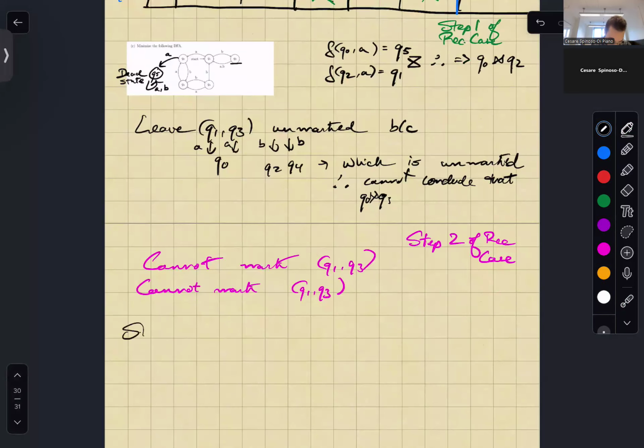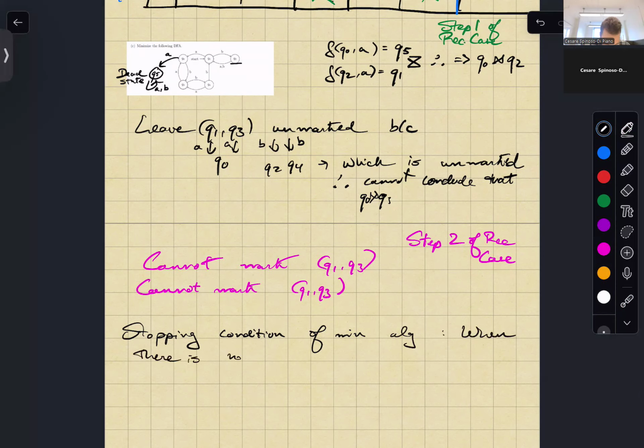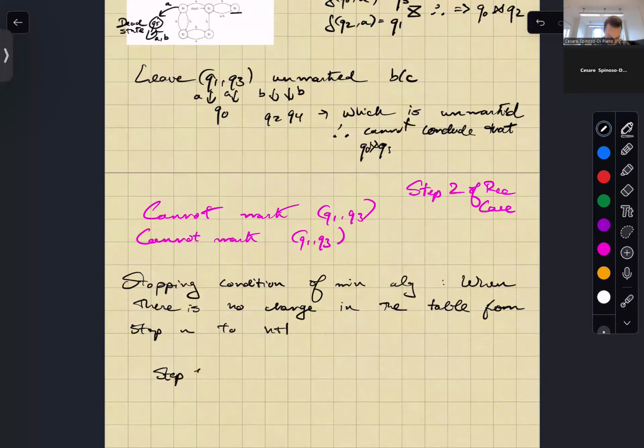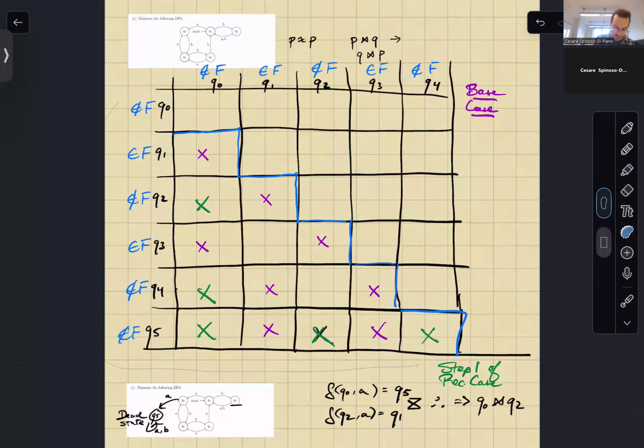So the stopping condition of the minimization algorithm is when there is no change in the table from step n to n plus 1, which has kind of happened, right? Because at the end of step 1, really, because step 0 is like the base case, at the end of step 1, we had this table.